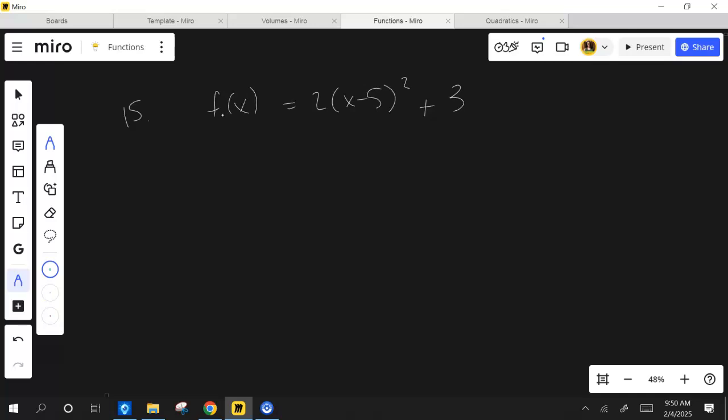So reflect over y will put a negative here in front of the x. And then it says translate it right 6. So if I'm going right 6, I subtract 6 here. And then it says down 2, so I'm going to go down 2 from here. So my new equation is going to be negative x minus 11 squared plus 1.